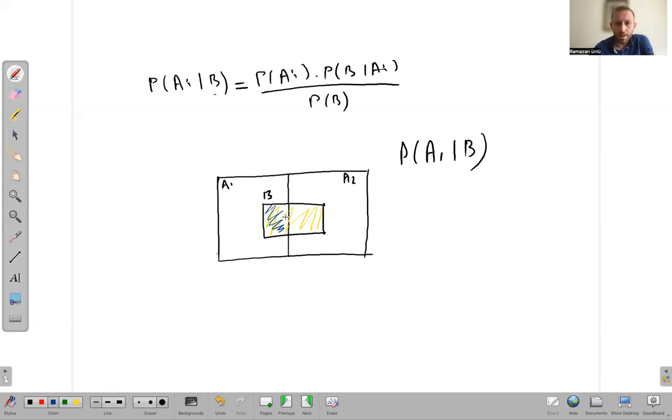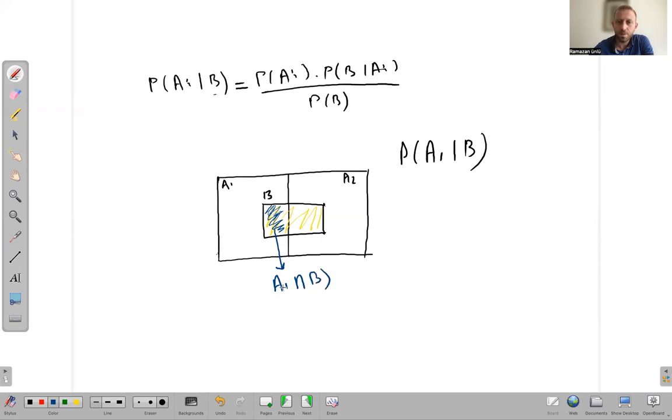So I can calculate the probability by dividing this small part by the entire B. What is this part? This is simply A1 intersect B.